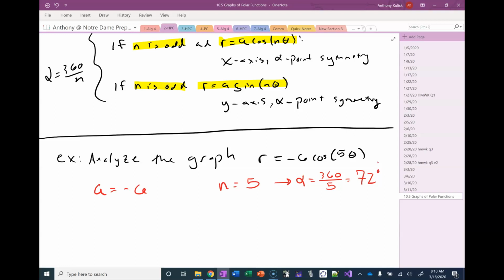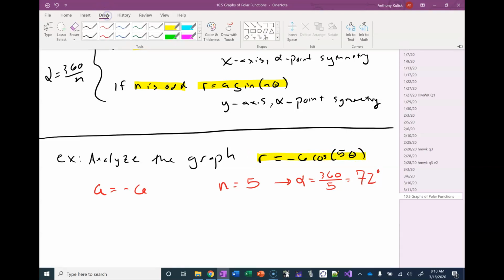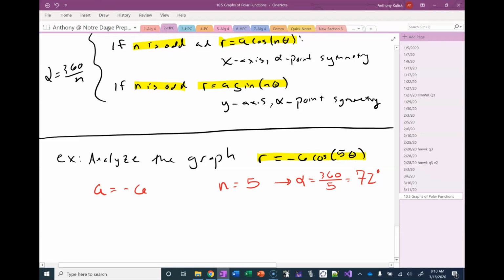First things first, I notice that r equals -6 cosine 5 theta is in the standard form for a rose curve. So the type of graph I have is a rose curve. I know the domain for all rose curves is -infinity to positive infinity.